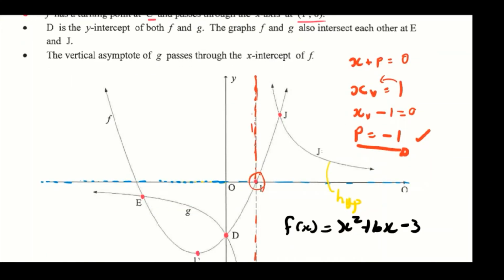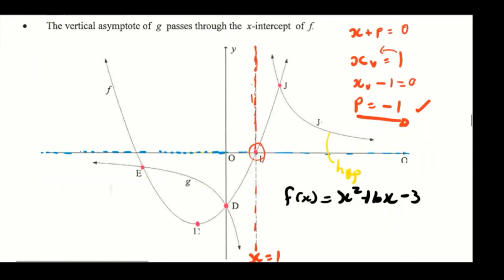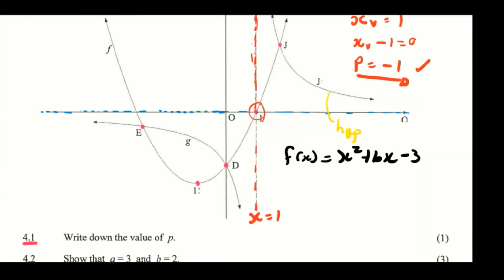So minus 3. So for us to find this b, we can use this, because this is f, right? f of x, this one here.